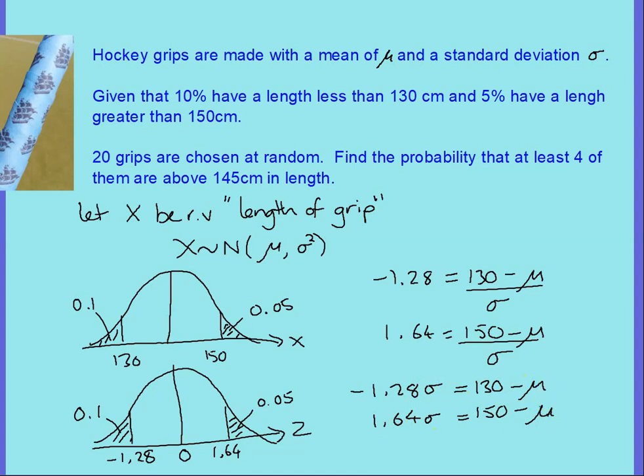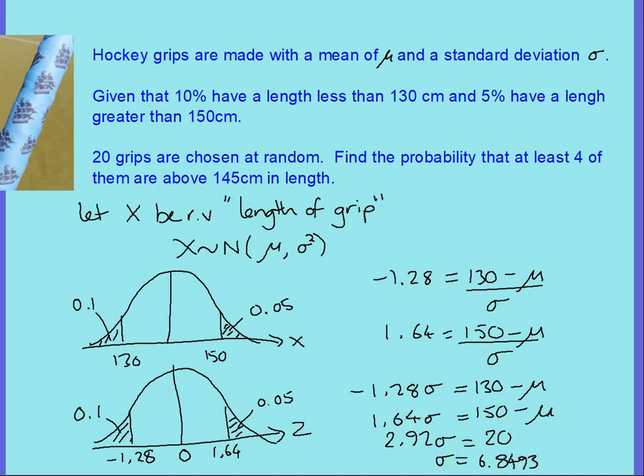So let's subtract them. Let me just use my calculator for that, otherwise I will go horribly wrong. 1.64 add 1.28 minus minus, don't get caught out by that. So that's 2.92 standard deviations is equal to 20. So 20 divided by my answer is 6.849.